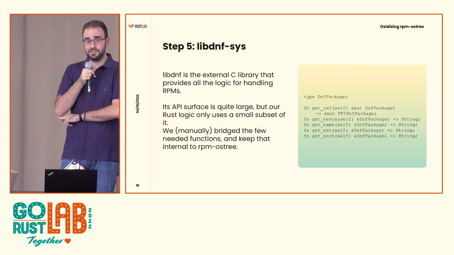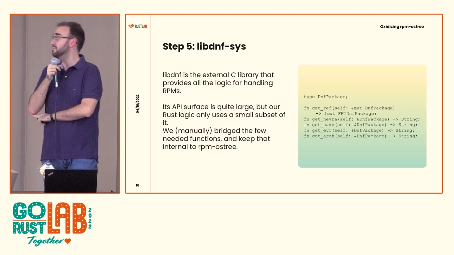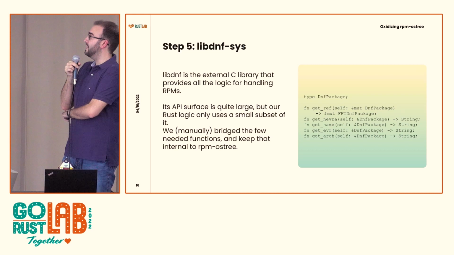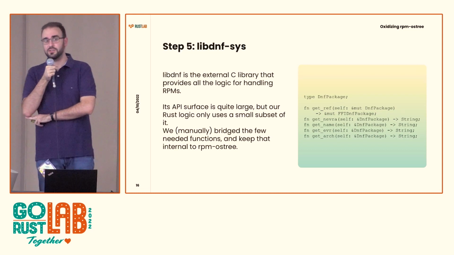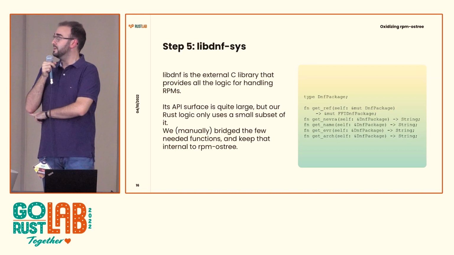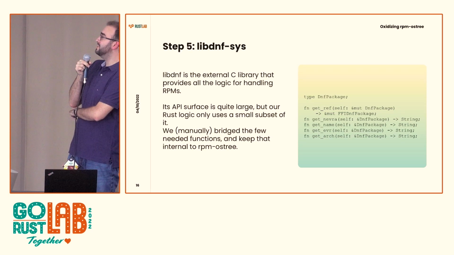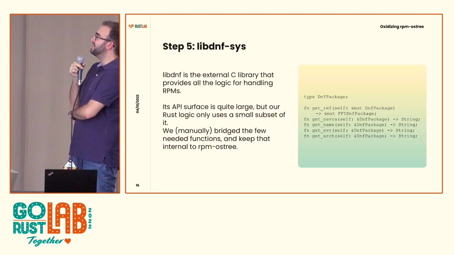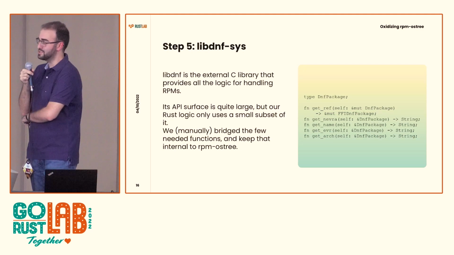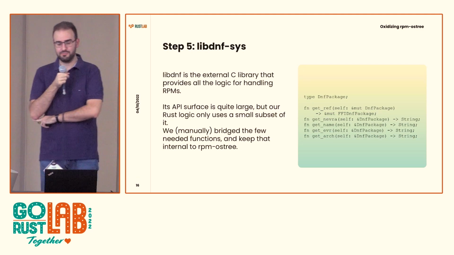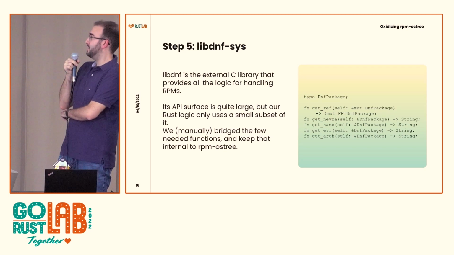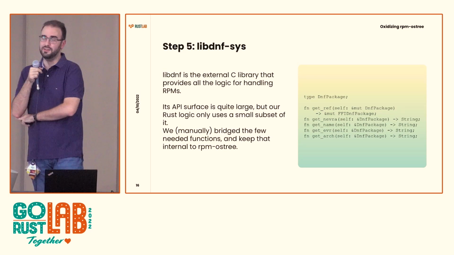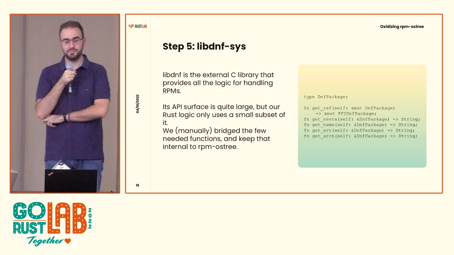There is not even the body definition. There is pretty much nothing. And this is all the binding. That's actually the code that we have inside. If you squint your eyes a bit, you see that there is something a bit strange or sketchy. There is one strange type, which is called FFI DNF package, while the type that we are looking at here is this DNF package, which is some kind of Rust type.